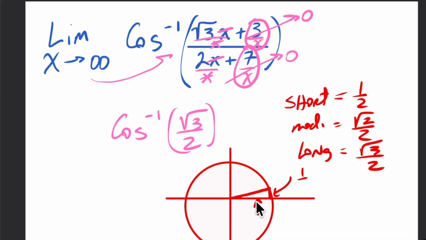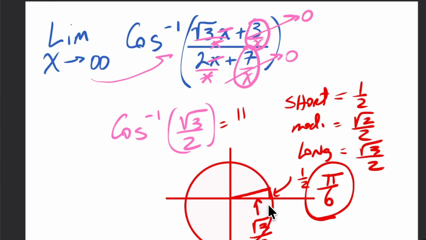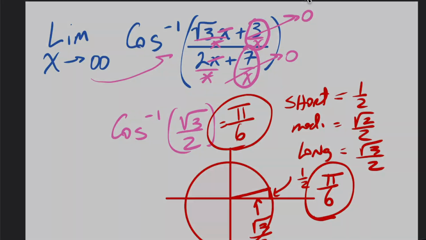That's short, that's 1/2. So this particular angle right there that has long as the x-coordinate, short as the y-coordinate, is none other than pi over 6. So the final answer to this limit is pi over 6.